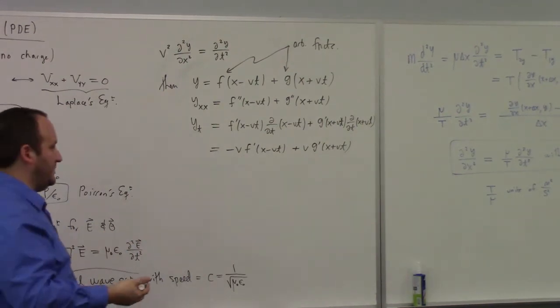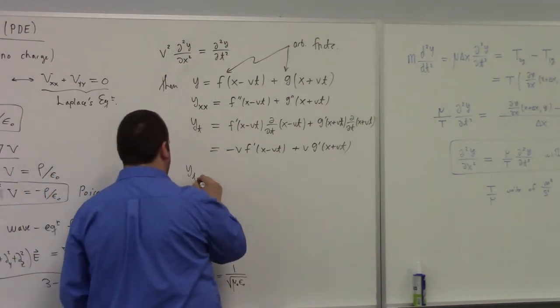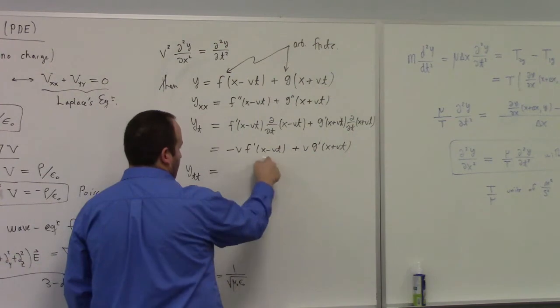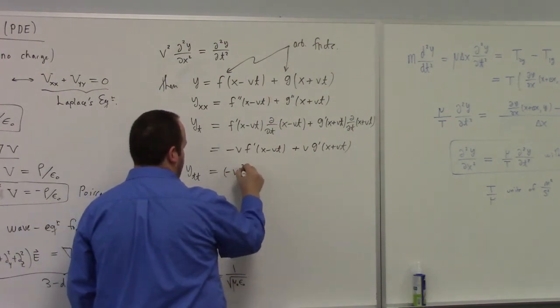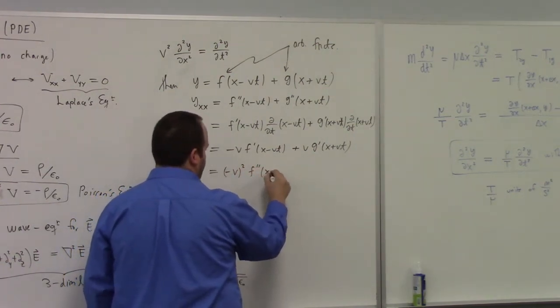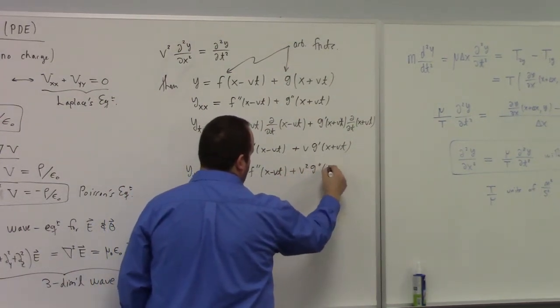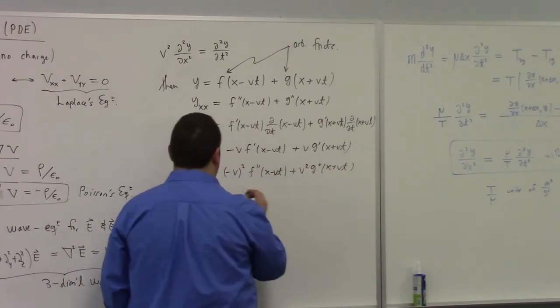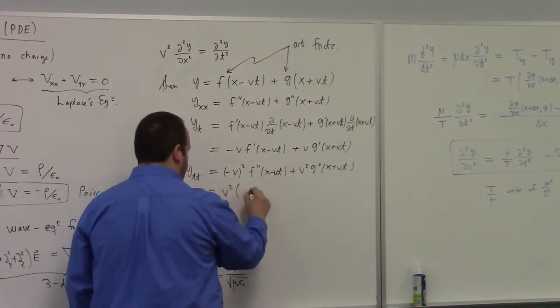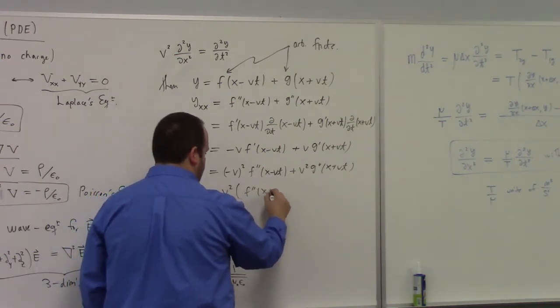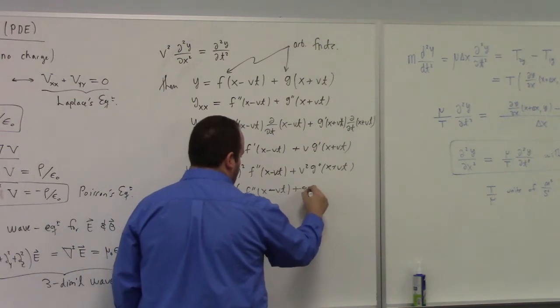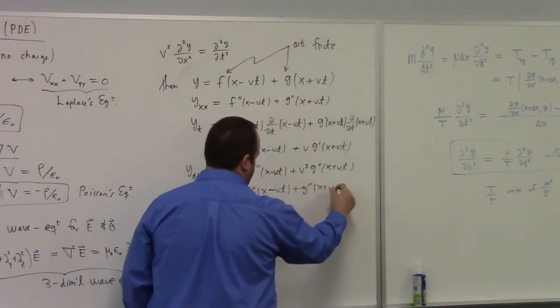What happens when you differentiate one more time? What's y_tt? So you get minus v squared f prime prime of x minus vt plus v squared g prime prime of x plus vt. In other words, you get v squared times f prime prime of x minus vt plus g prime prime of x plus vt.